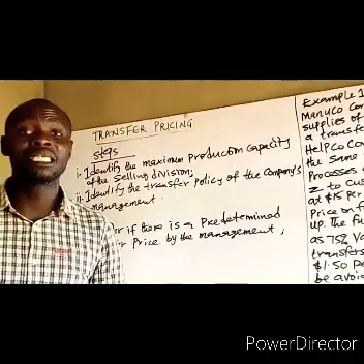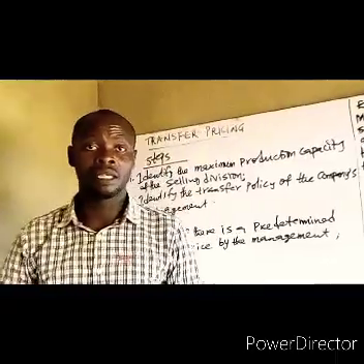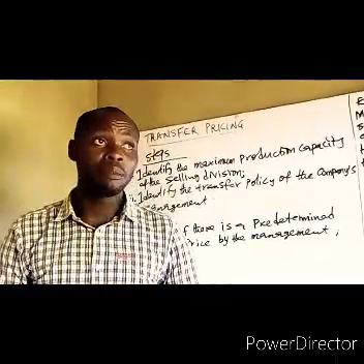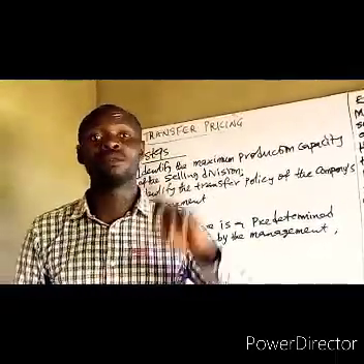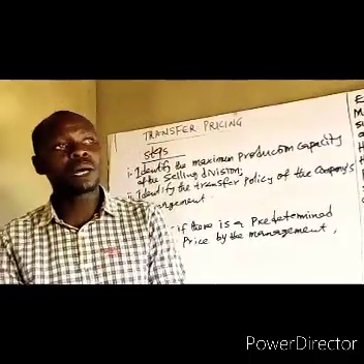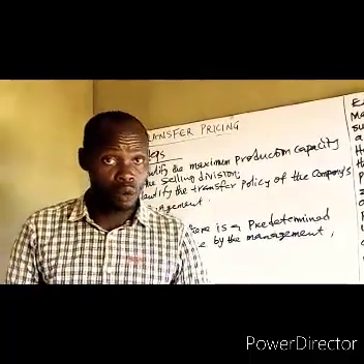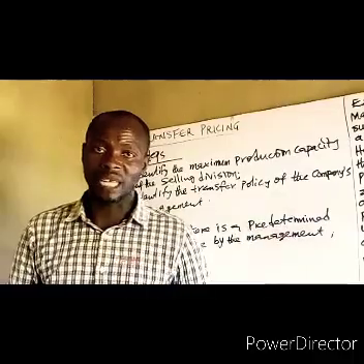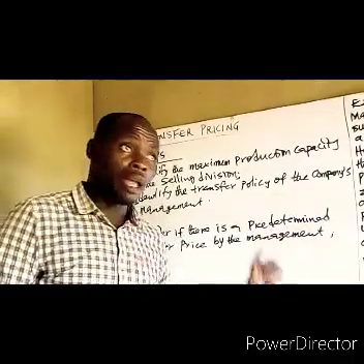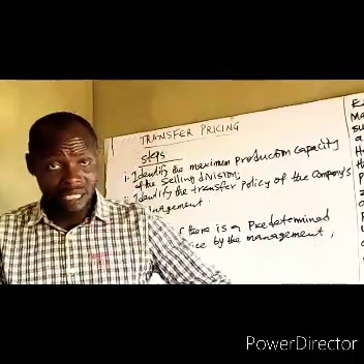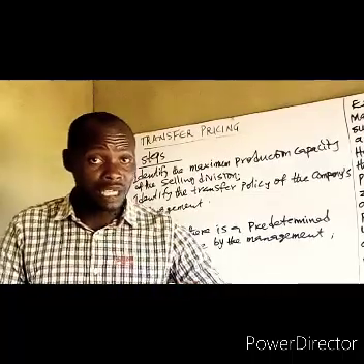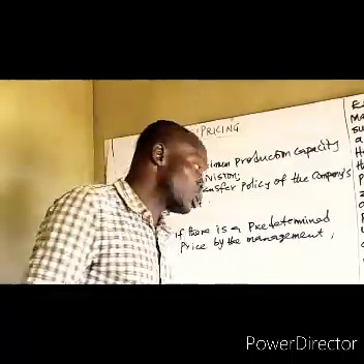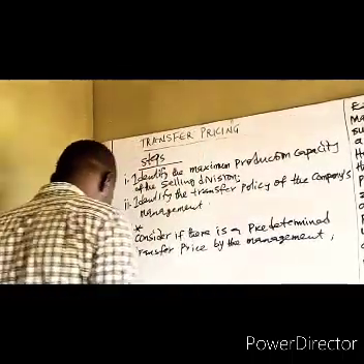Where there is a predetermined transfer price by the management, you have to adhere to that. That means the transfer price set by the management has to be used, or where the method of determining that price is given in the question, you have to follow that. You don't assume a particular method where that is the case. So the transfer price given in the question has to be applied. That is step 3.